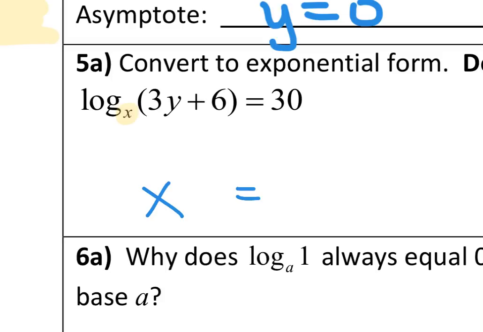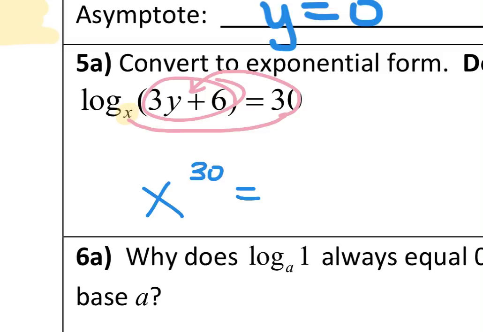And then that power is always going to be whatever's on the other side of the equal sign. So the x to the power of 30. And then the whole thing equals whatever we're putting into the logarithm. So x to the third power of 30 equals 3y plus 6.